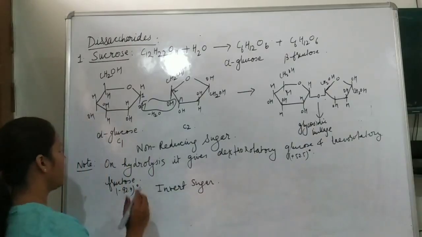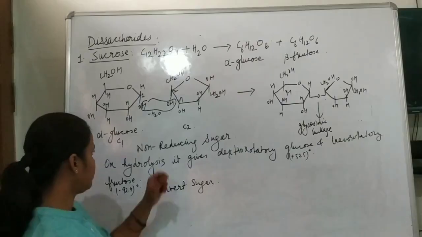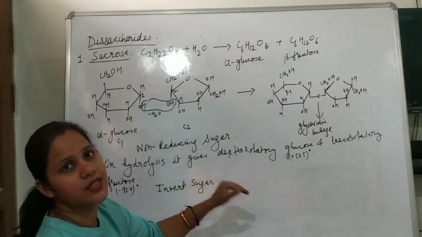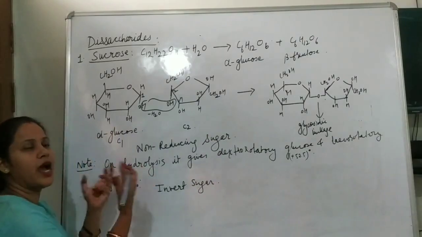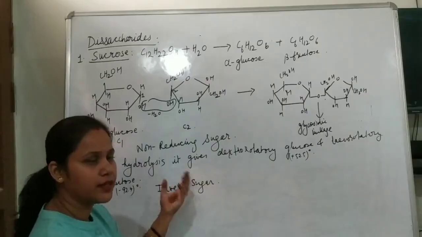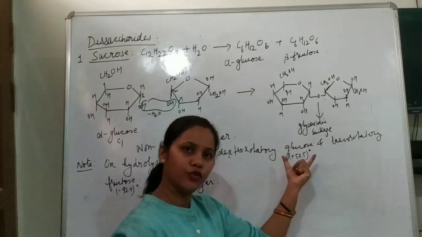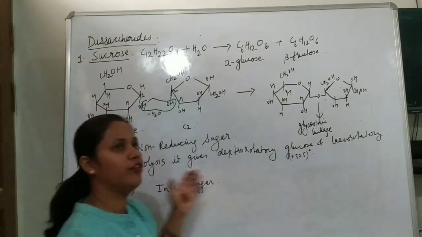Okay? That is the first point. Second, the sucrose is dextrorotatory, but on hydrolysis it gives a dextrorotatory product, glucose, and a levorotatory product, fructose.